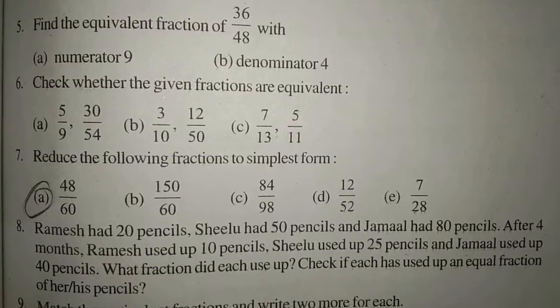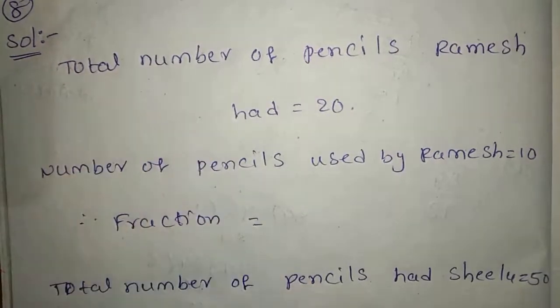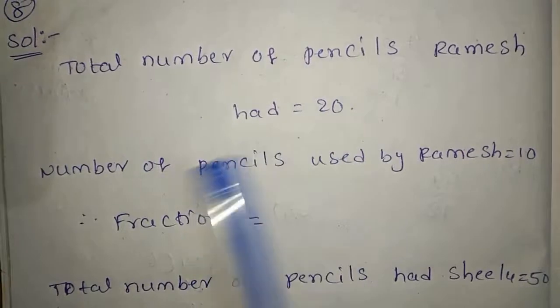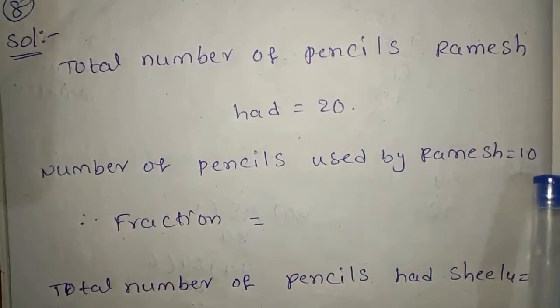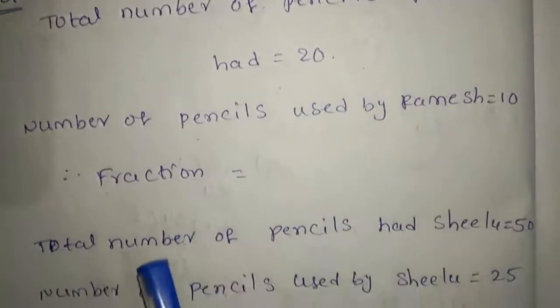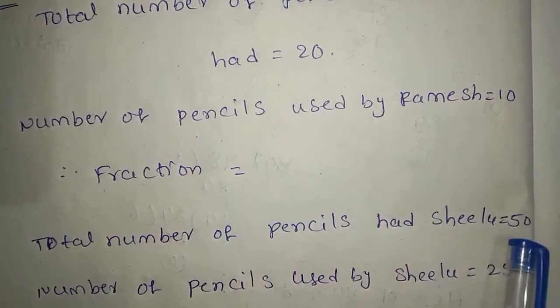Now, check the question. The solution. First, the total number of pencils Ramesh had is 20, and the number of pencils used by Ramesh after 4 months is 10. Total pencils Sheelu had is 50.